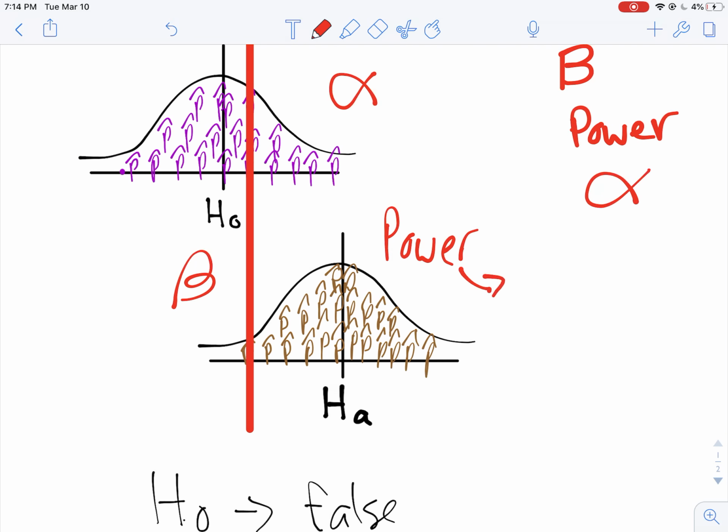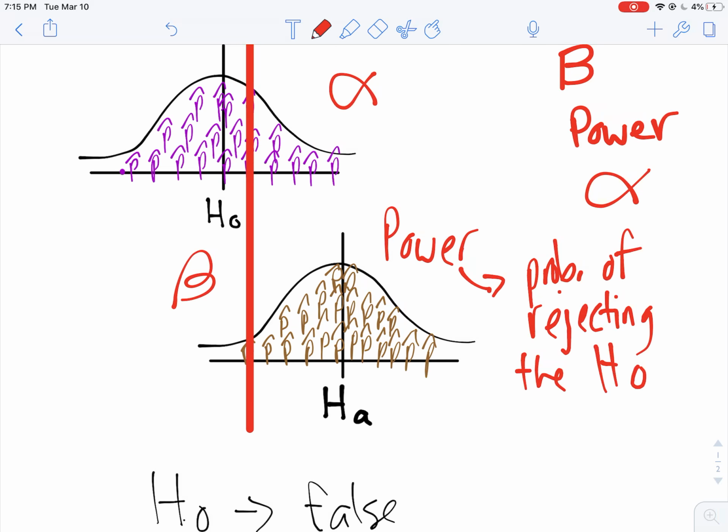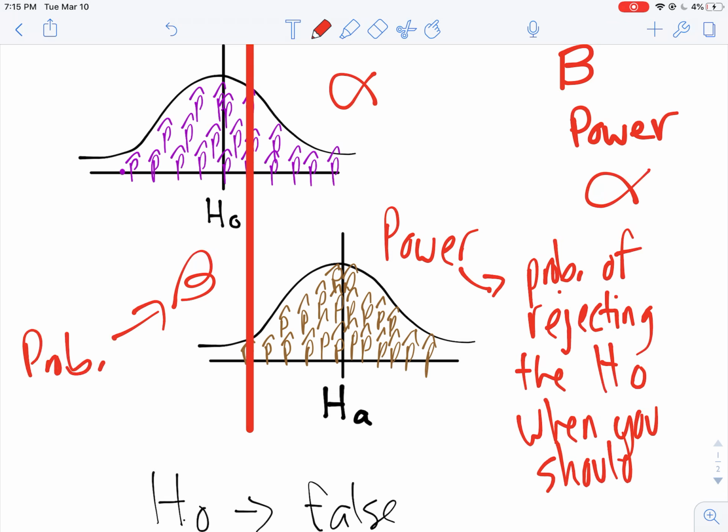That is power. Power is the probability of rejecting the null when you should. And over here is beta, which is the probability of failing to reject when you should.